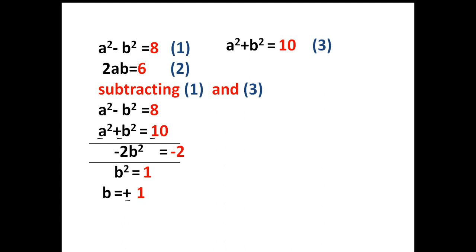Then we write again the first statement that we supposed in the beginning, just before starting the sum: a plus iota b equals (8 plus 6 iota) to the power 1 by 2.